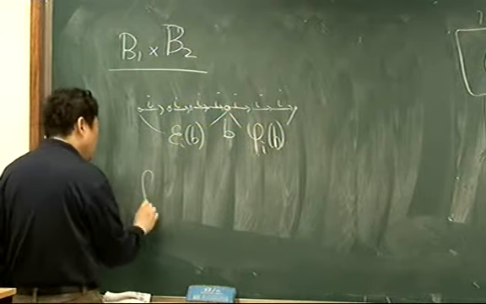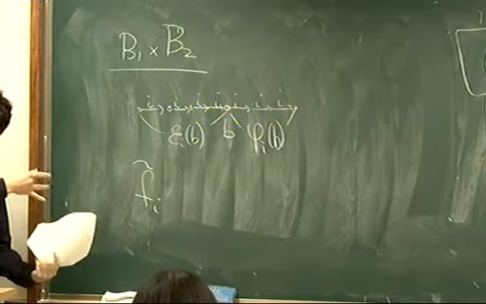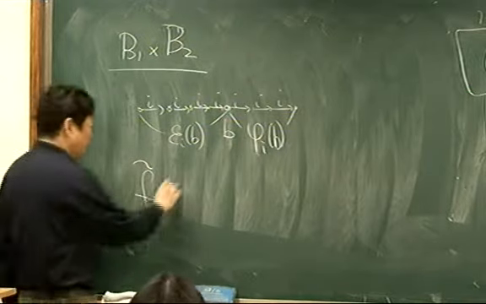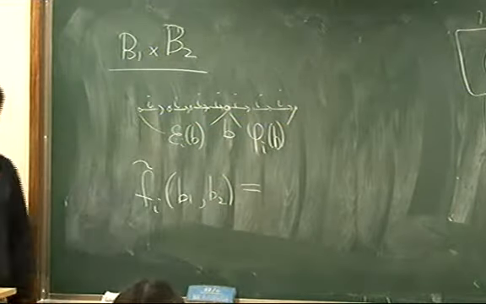We may define only F_i tilde, because E_i tilde can be defined to be the inverse of F_i tilde as a graph. On B1 cross B2, it is the following.